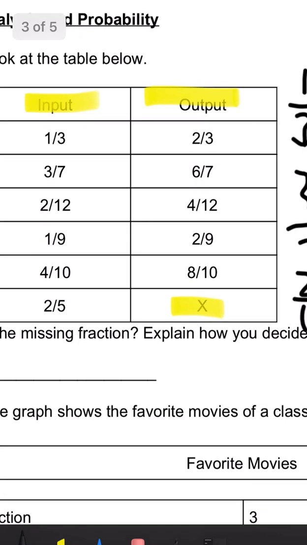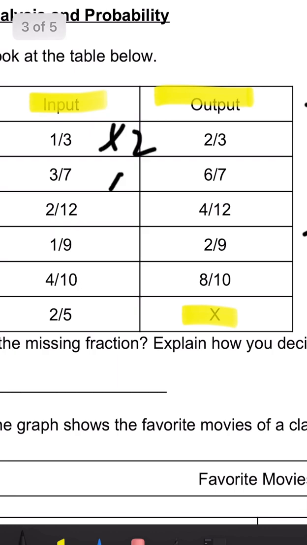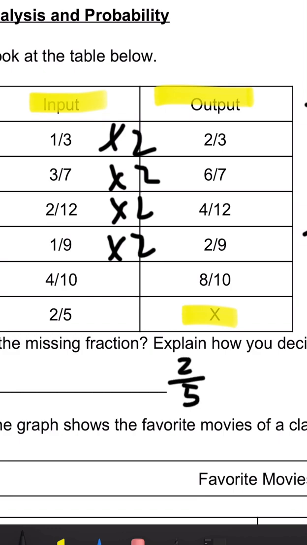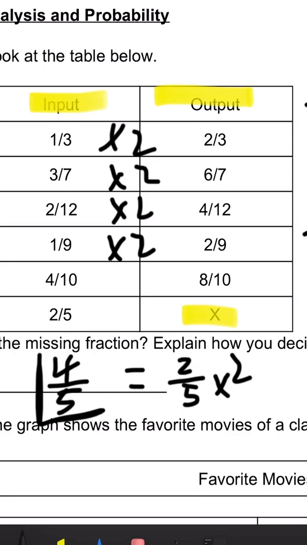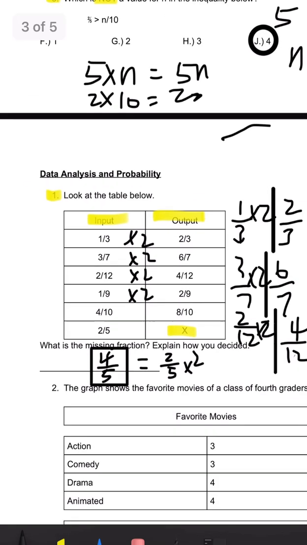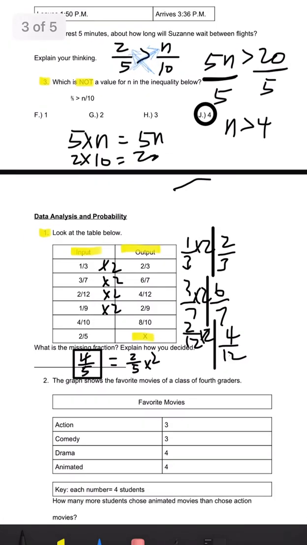So it's pretty obvious that by multiplying by 2, we can get all of these values on the right. So to solve for x, we'll just simply do 2/5 times 2, which gives us 4/5 as our missing fraction. And for the explanation, you can simply write that multiplying the input value by 2 gives you the output value.